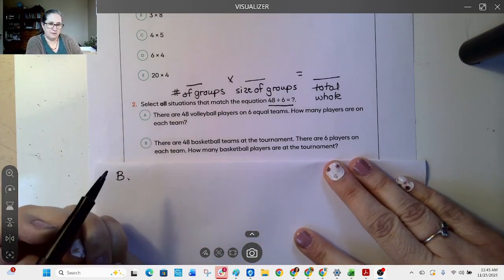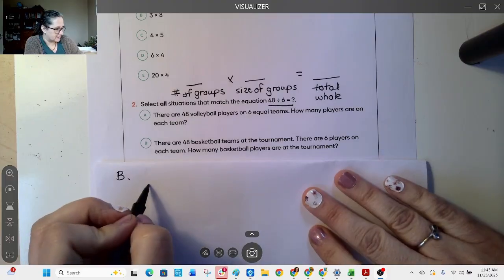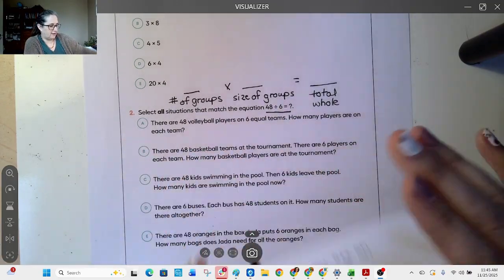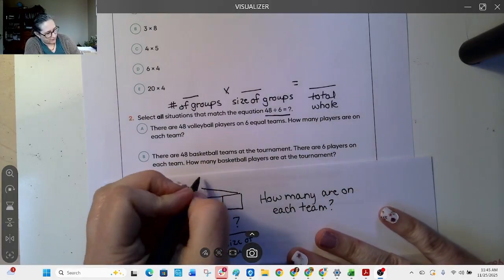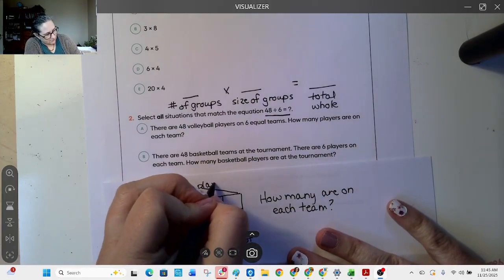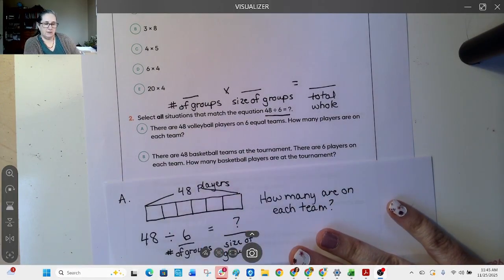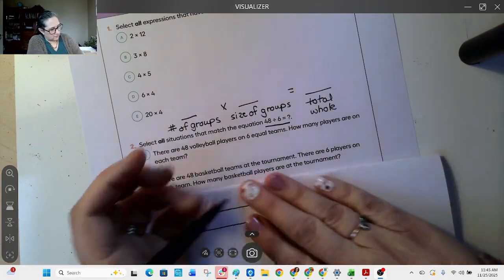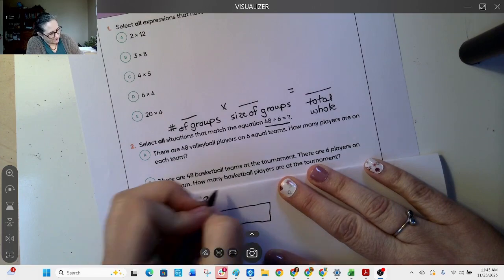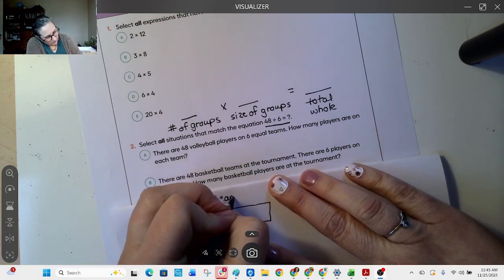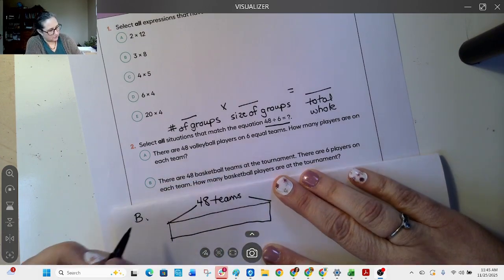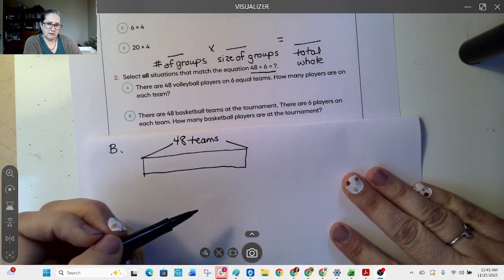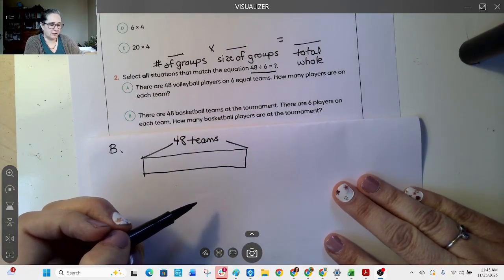In B, there are 48 basketball teams in the tournament. So A was 48 players, but B is 48 teams. There are 6 players on each team. How many basketball players are at the tournament?